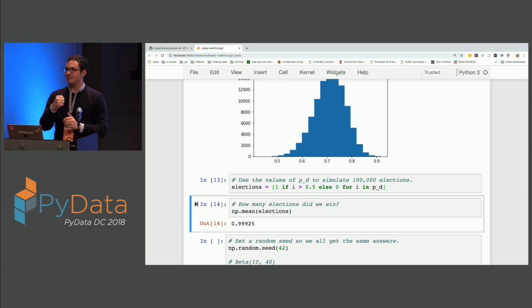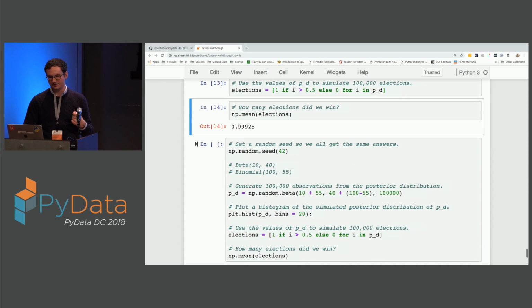And then we can do the same thing again over and over and over again to get a better understanding of how this is going to go and get a probability estimate for how likely it is that an individual senator wins their seat, or an individual governor wins their seat, or an individual party wins control of the House of Representatives or the Senate.